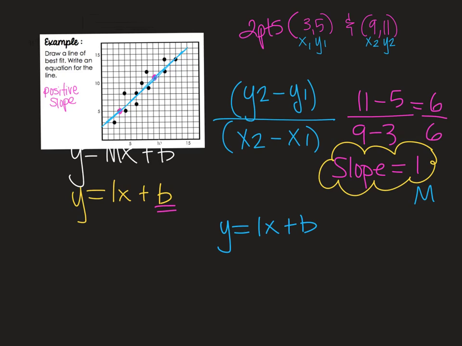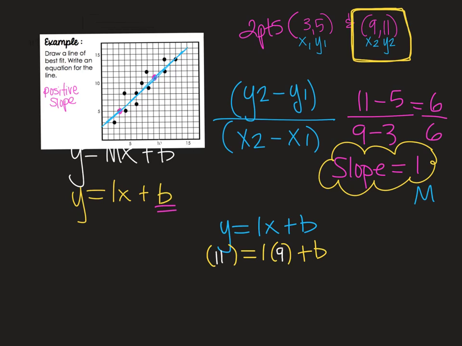Now, instead of me keeping the letter y and the letter x, I'm going to substitute it out. I'm going to take this ordered pair. It doesn't matter which one I choose because I'm going to get the same answer, but I'm just going to choose that one. And for the x value, I'm going to put in a 9. And for the y value, I'm going to put in 11 right here in these two positions.